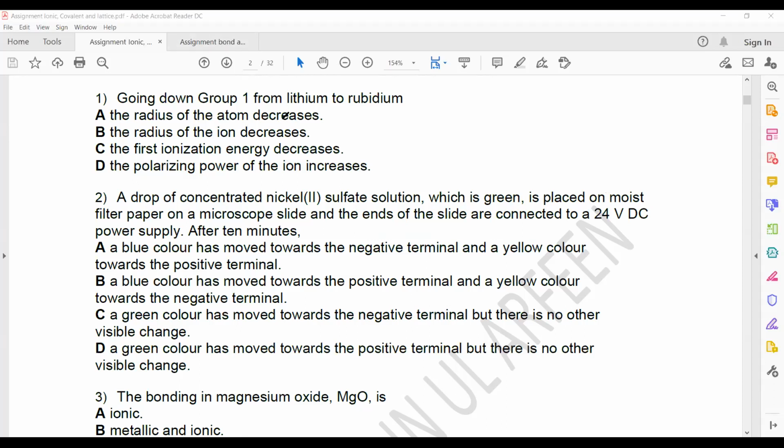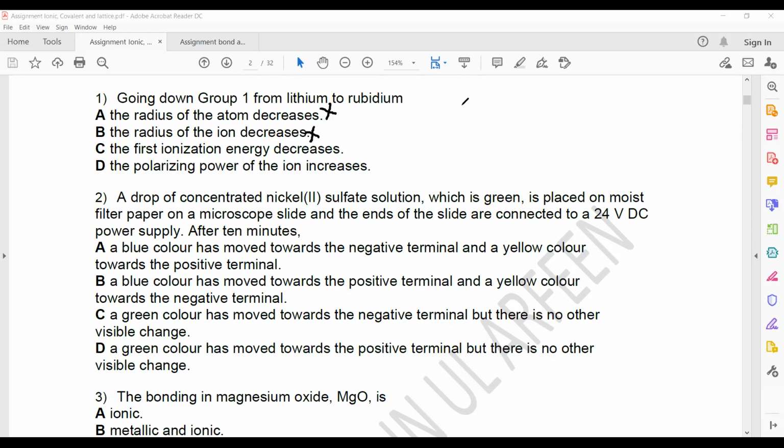So ionic radius of atom decreases? No, it does not decrease, it increases because there are more electron shells. As the number of electron shells increases, ionic radius increases, not decreases. The atomic radius also, and ionic radius, same trend. First ionization energy decreases, that's true, because as the size is increasing, it will be easy.